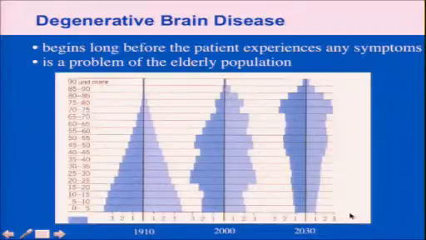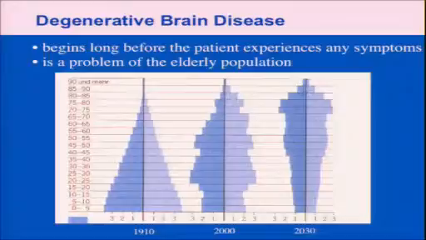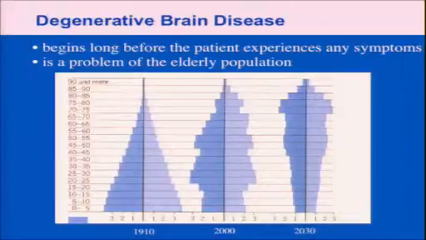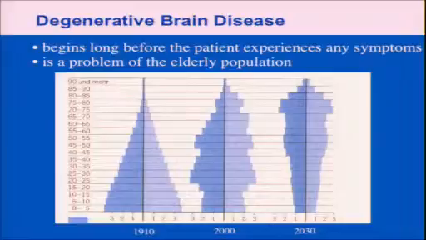So looking at degenerative diseases over the last years or the last century, we are becoming more and more aware that there are neurodegenerative diseases. And one of the main issues is that in a lot of those diseases, the main risk factor is age. And if you look at our population and the distribution of the age groups within our population, especially in the Western world, we see that we have a dramatic change.